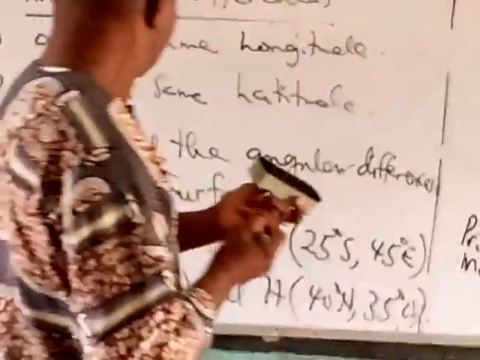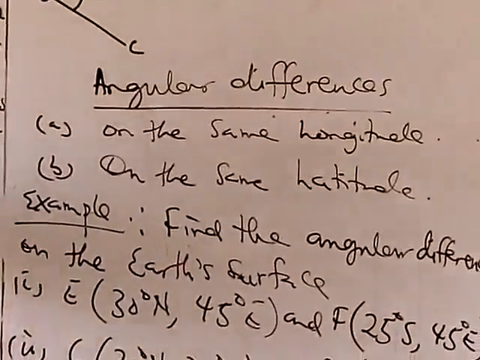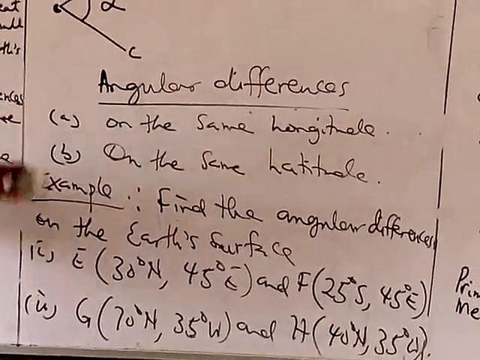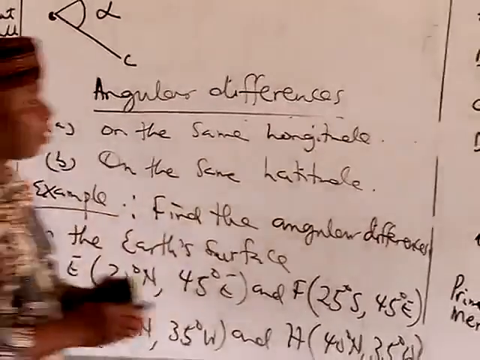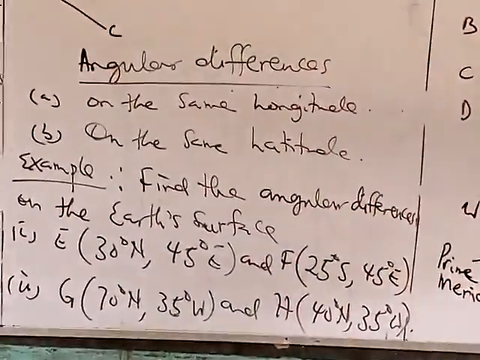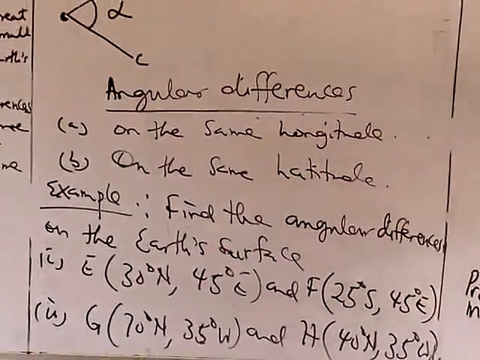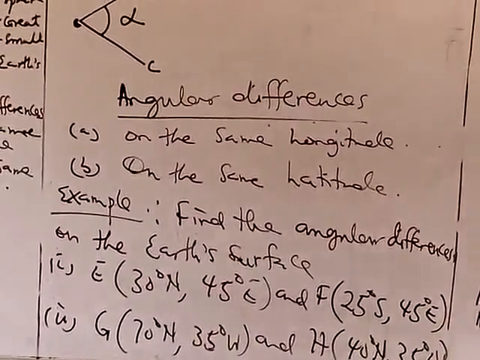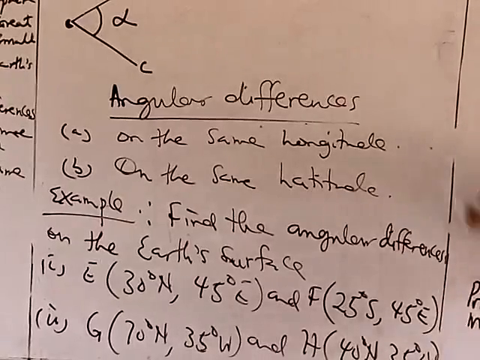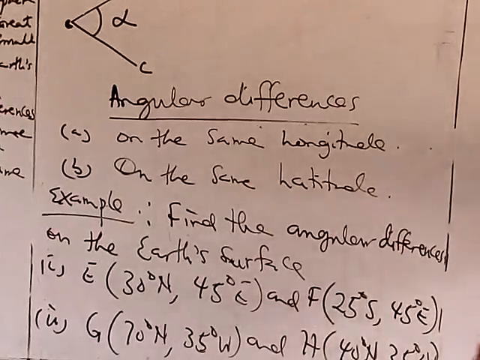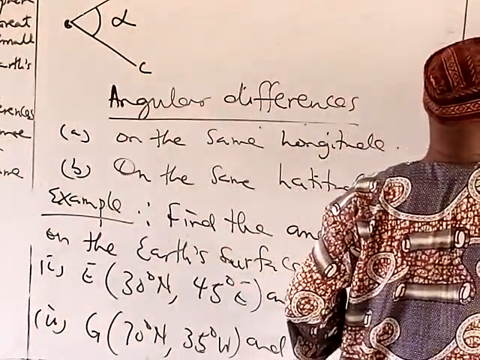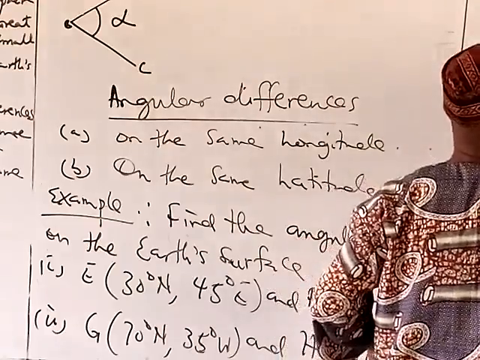Note, when you are given a question in this form, you ought to sketch or draw the diagram showing the earth surface. Then you use the points E and F. Don't forget, your prime meridian is very important.